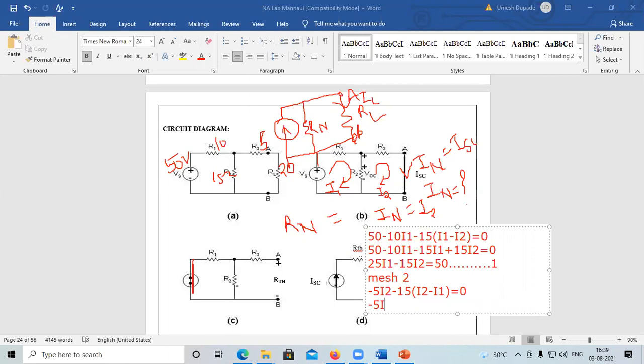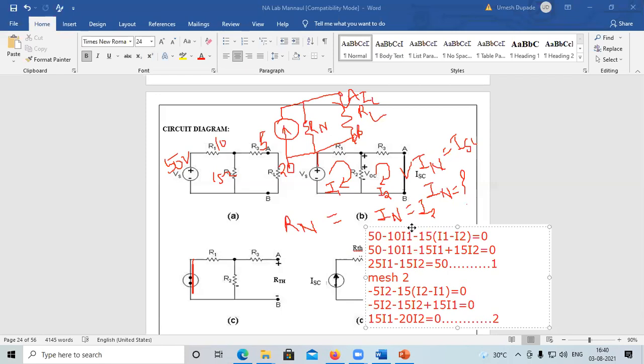Minus 5 I2 minus 15 I2, minus into minus plus 15 I1, it is equal to 0. Just rearrange this equation. Minus 5 I2 minus 15 I2 becomes minus 20 I2. So 15 I1 minus 20 I2 is equal to 0. Okay, so this is equation second.